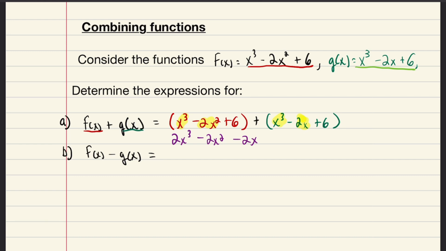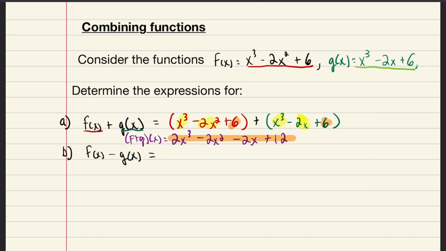And then, of course, the two sixes, the plus 6 and plus 6 here, do combine to make a total of plus 12. And so we can rewrite this as f plus g at x is equal to, and then this would be the function over here, 2x cubed minus 2x squared minus 2x plus 12.